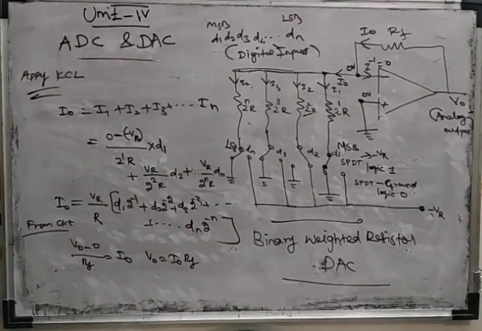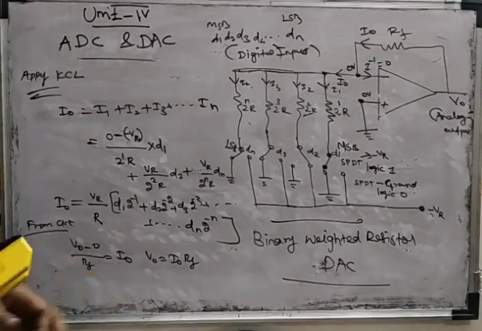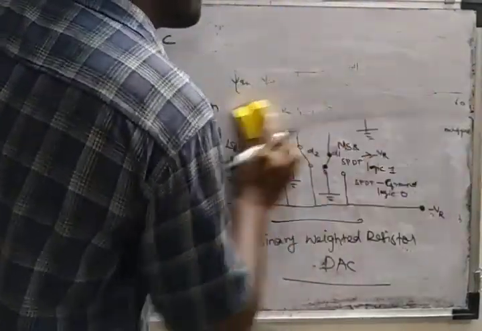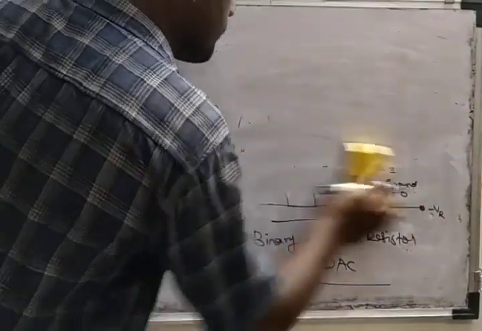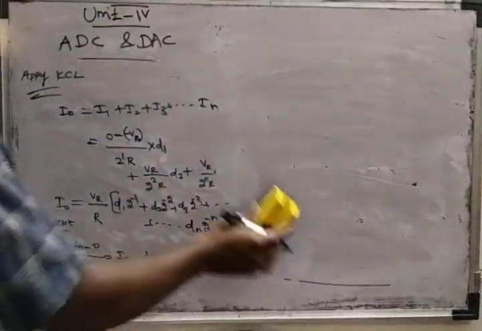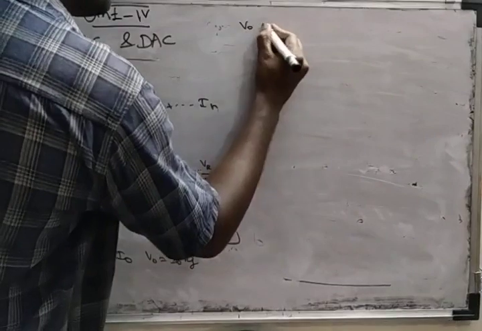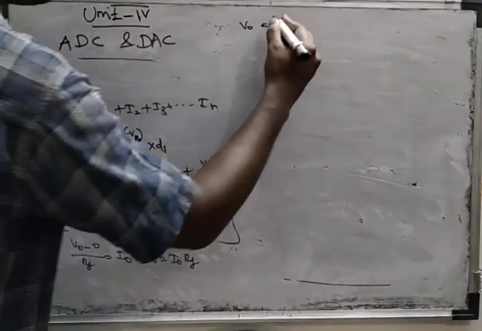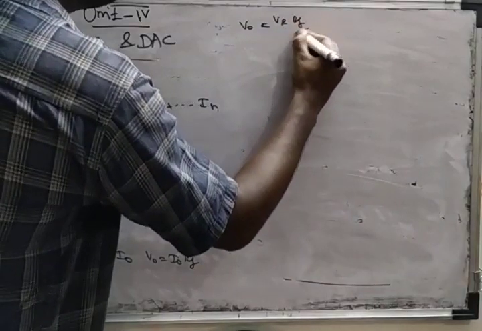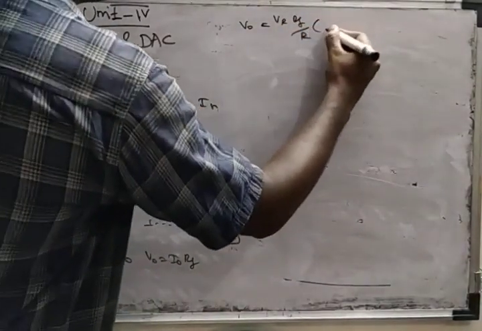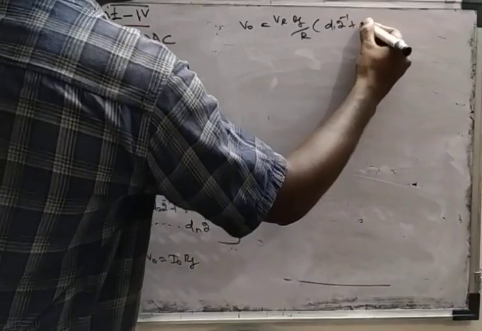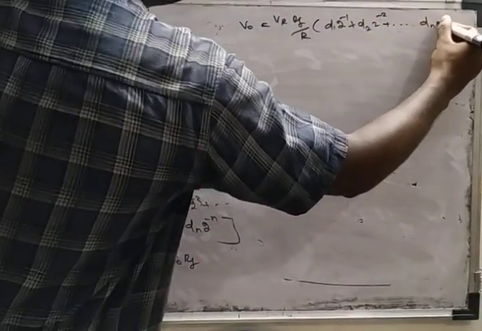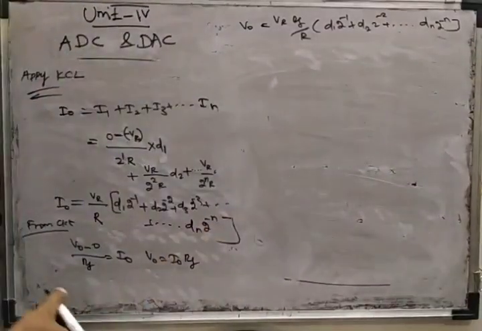If you substitute, you will get V0 equal to VR into Rf by R times D1 2 power minus 1 plus D2 2 power minus 2 up to Dn 2 power minus n.